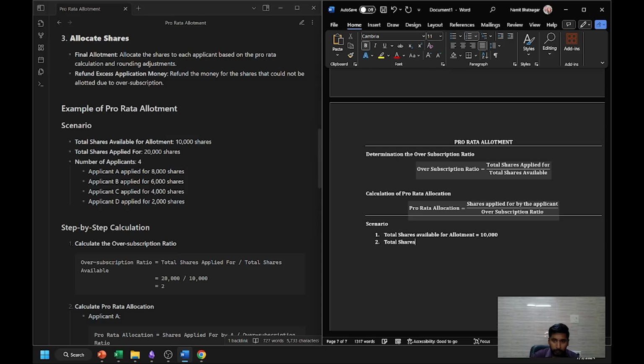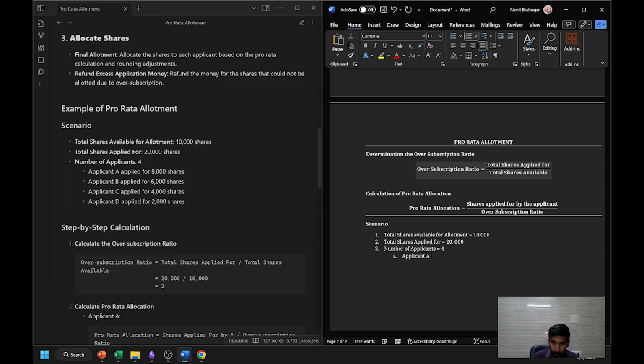Total shares applied for is equal to 20,000. Number of applicants: 4.